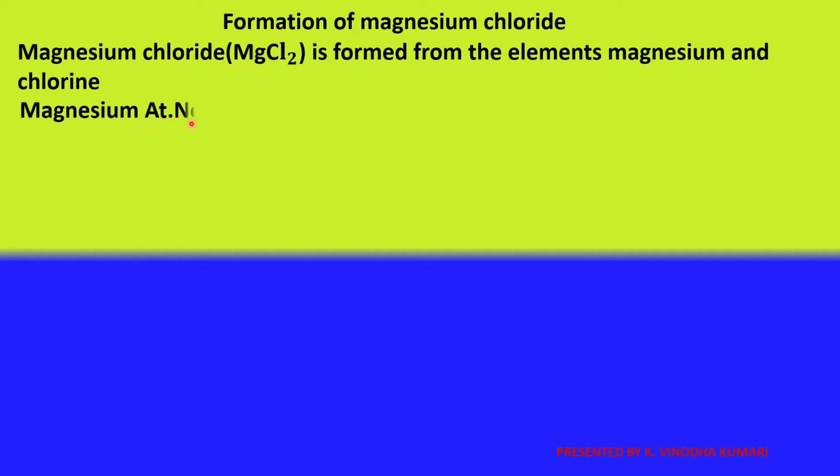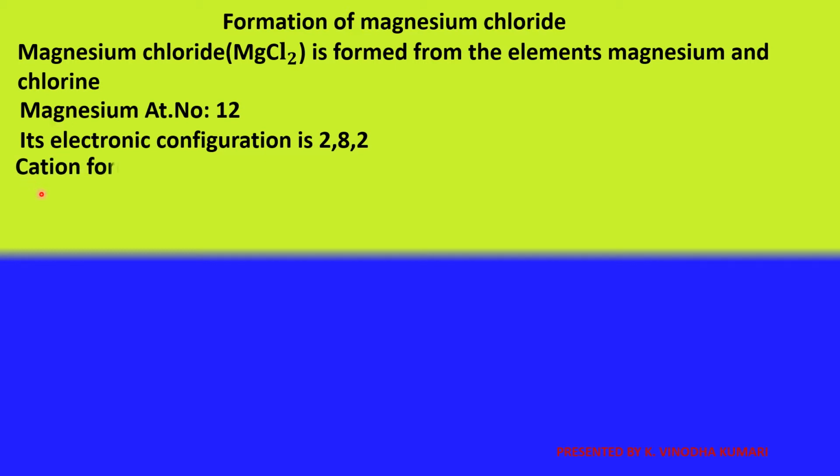Magnesium's atomic number is 12 and its configuration is 2, 8, 2. That means in the last shell it has 2 electrons. So magnesium can lose its electrons, and whenever magnesium loses electrons, it forms a cation.